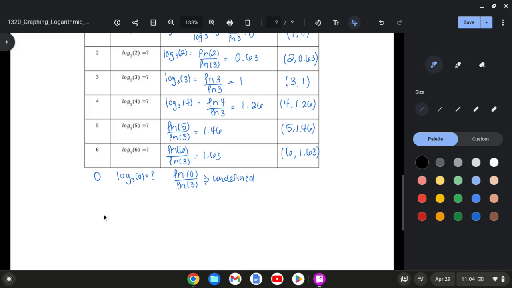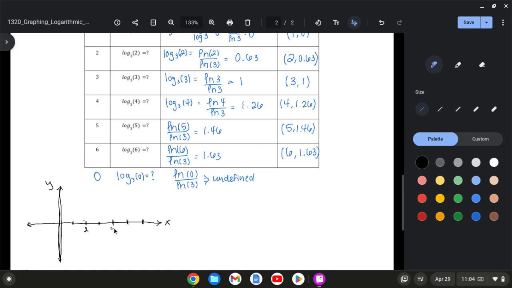So I'm going to draw my coordinate plane. And remember, horizontal is our x-axis, vertical is our y-axis. I have x from 1 to 6, so I'm going to need to go up to 6. 1, 2, 3, 4, 5, and 6.